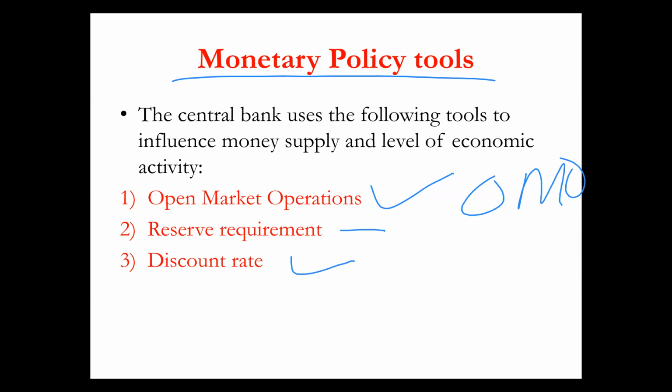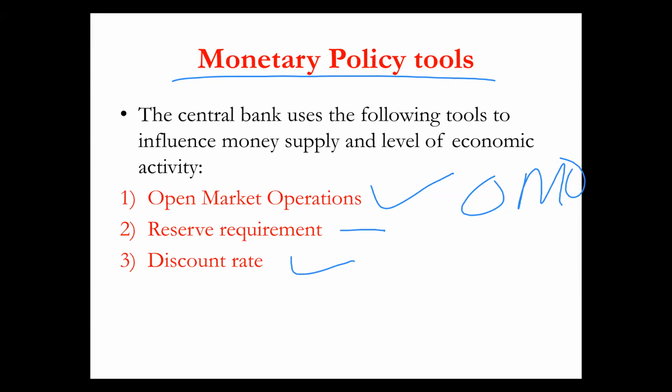So the central bank is actually mandated to control the supply of money, to basically ensure that we do not have too much money in the supply. We just have what is necessary, the amount of money that is necessary to be in circulation. You do not need too much money, and you will not need too little money.